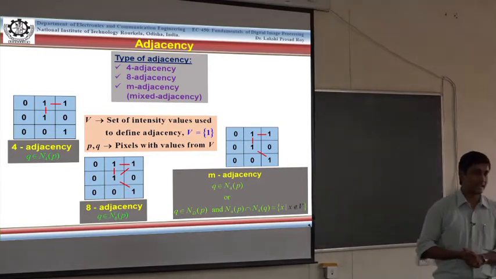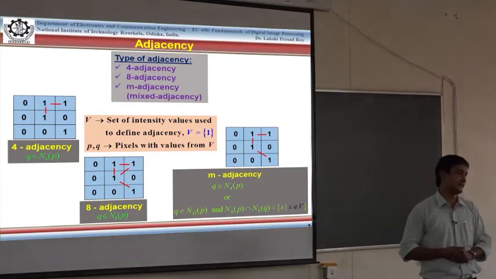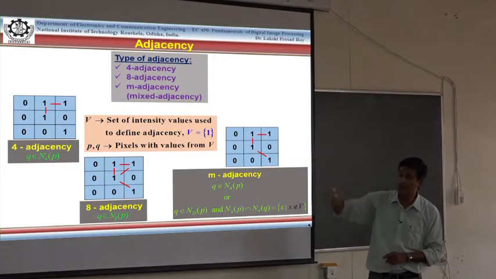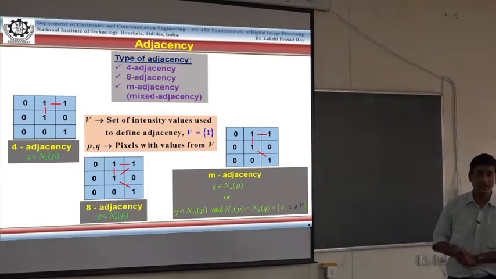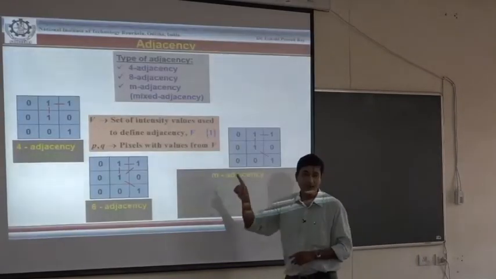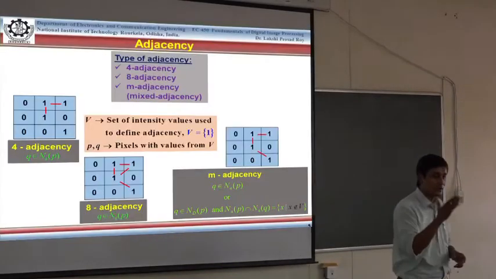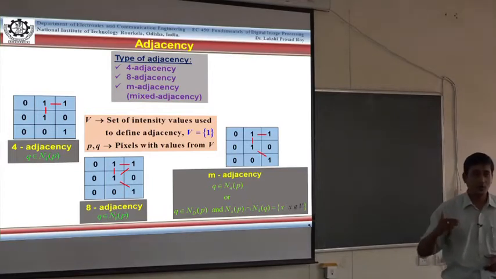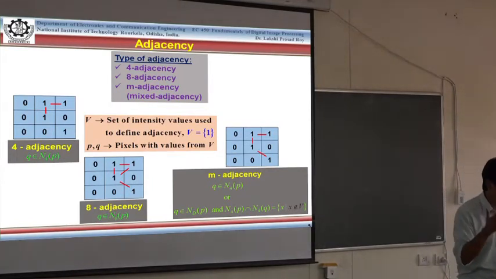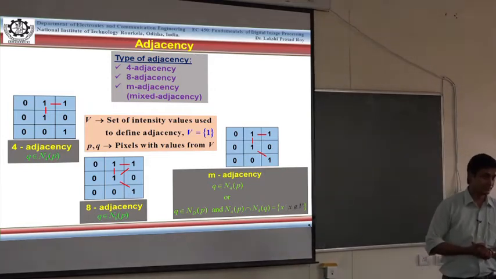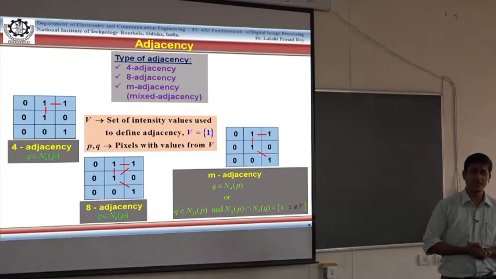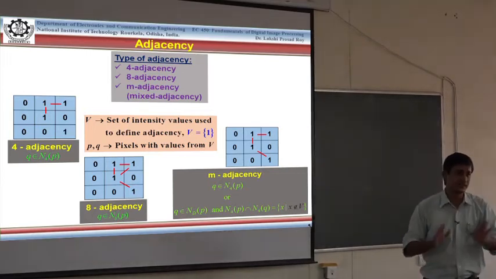So, to avoid that, a mixed kind of adjacency is defined, which is called the third one, M adjacency, where they will not take the other path; only one way of traveling will be arranged, and the red lines will follow a unique path. In that case, I may have to travel sometimes larger distances, that does not matter.